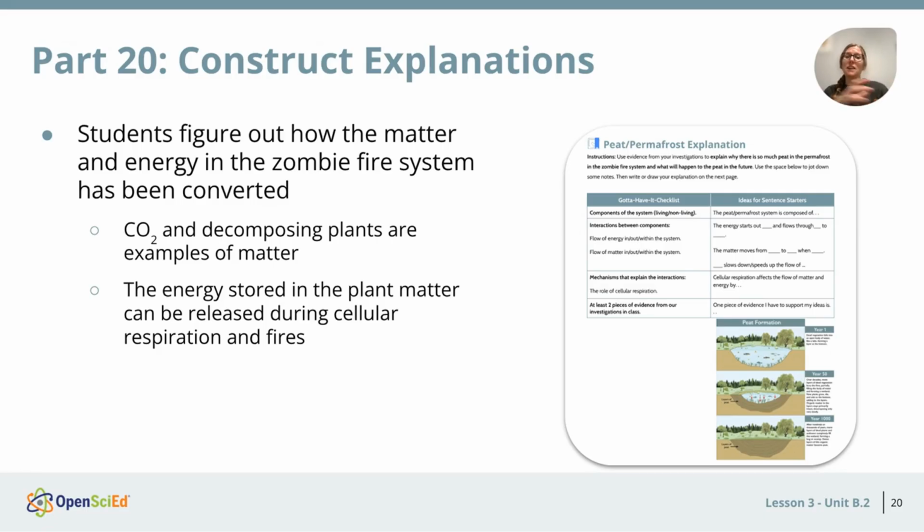And now we're connecting it all back to the zombie fires. Students are going to figure out how the matter and energy in the zombie fire system has been converted, that CO2 and decomposing plants are examples of matter, and that the energy stored in the plant matter can be released during cellular respiration and during fires.